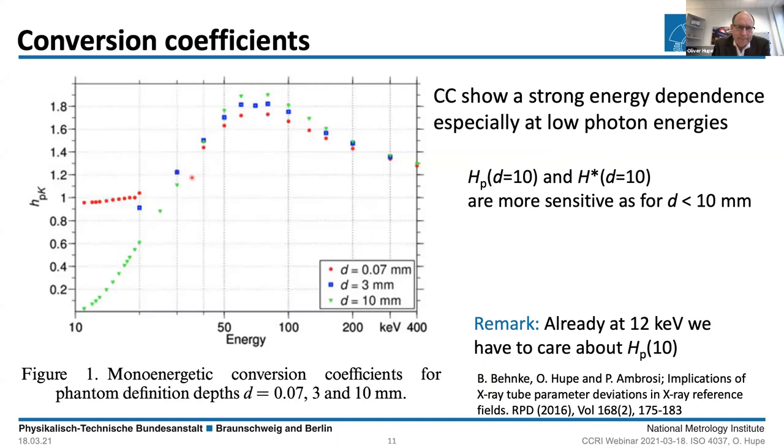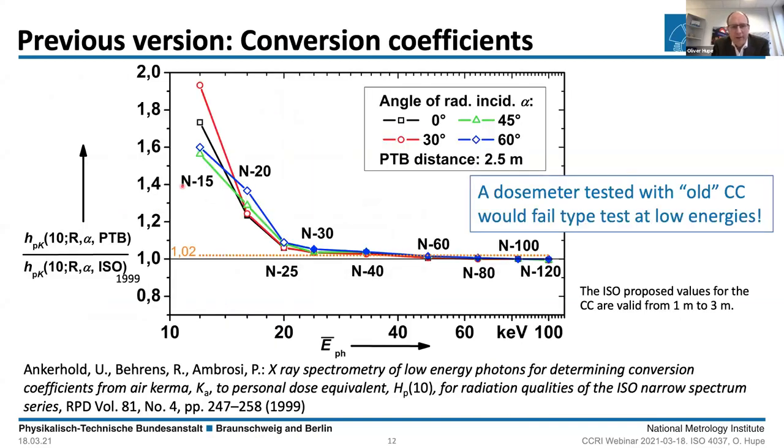And this gradient comes additionally to the change of the high voltage or to the spectra on top, and leads to the fact that the conversion coefficient for the new generation of generators is nearly a factor 2 different from that published in the ISO from 1999.